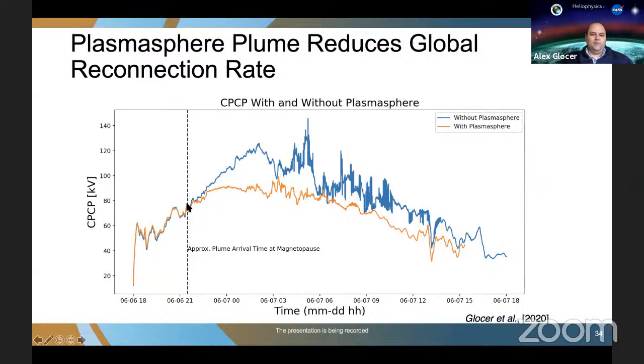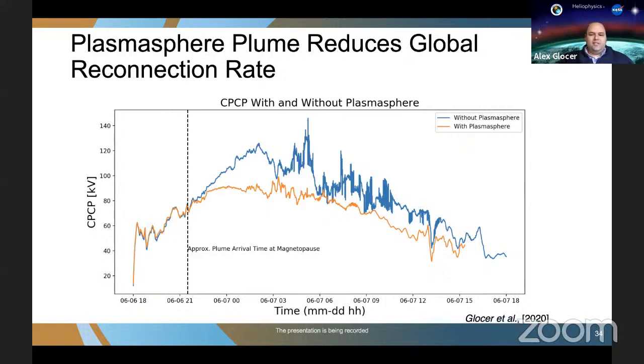But after the plume arrives at the magnetopause, you get a significant divergence between these two cases. When you include the plasmasphere in the simulation, you find that the reconnection rate is significantly suppressed, using this proxy of the cross-polar cap potential.